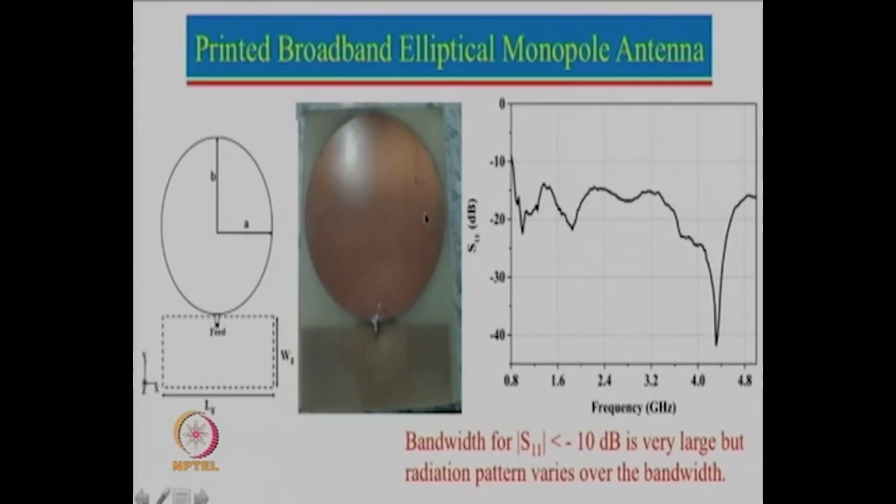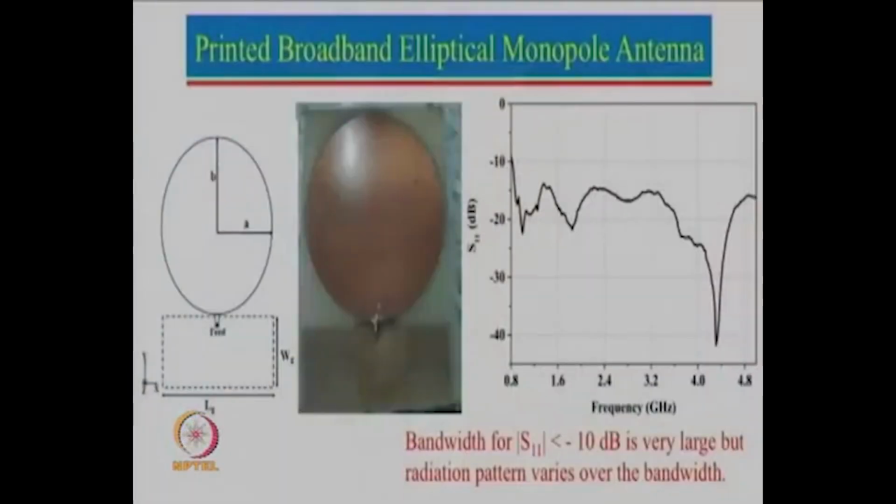Many variations have been reported for this configuration. There probably are thousands of papers today which report on the elliptical monopole antenna or variations of it. In fact, there are floods of papers especially for the UWB band, which is designated by the FCC from 3.1 to 10.6 gigahertz. So we require a bandwidth ratio of 1:3.5 or so.